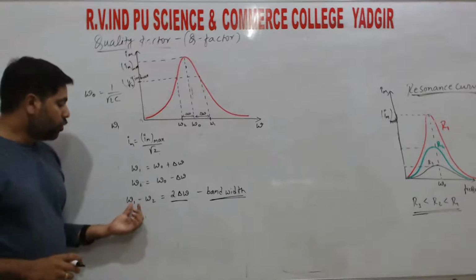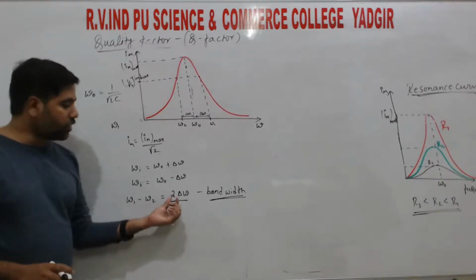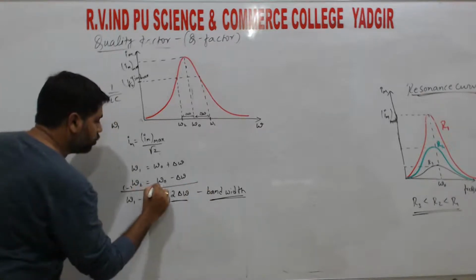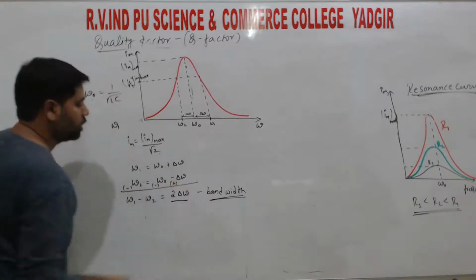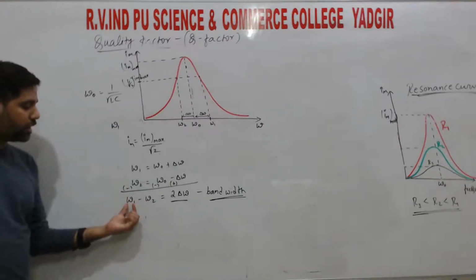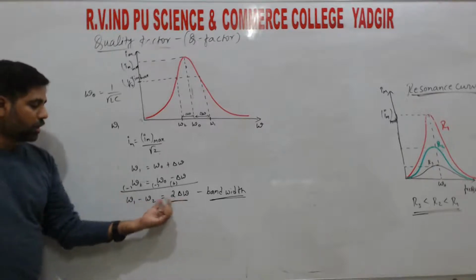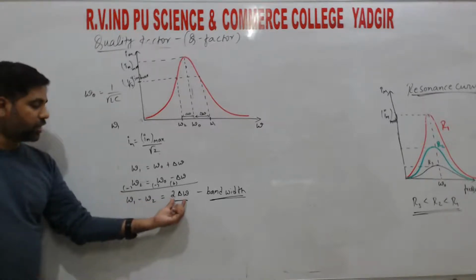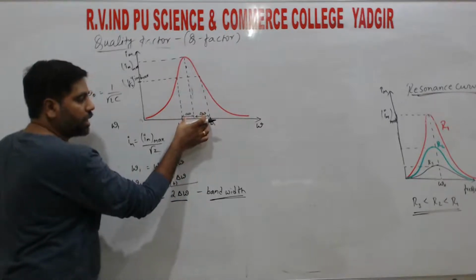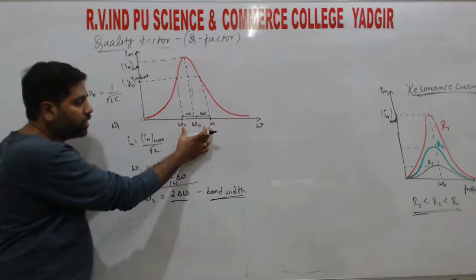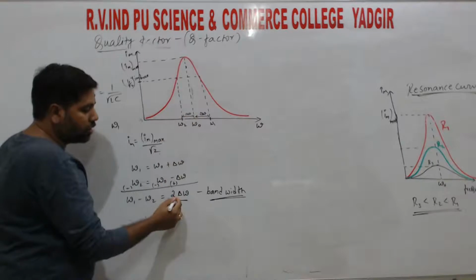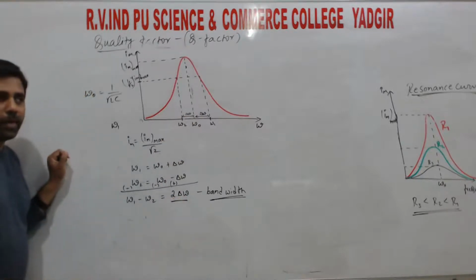So omega 1 minus omega 2 equals 2 delta omega, which we get by subtracting these two relations. That means omega 1 minus omega 2 is the width between the two frequencies, and we call that the bandwidth, right? Delta omega plus delta omega gives 2 delta omega.